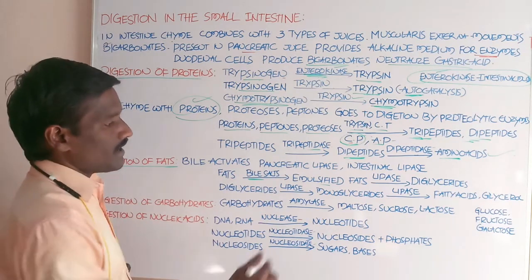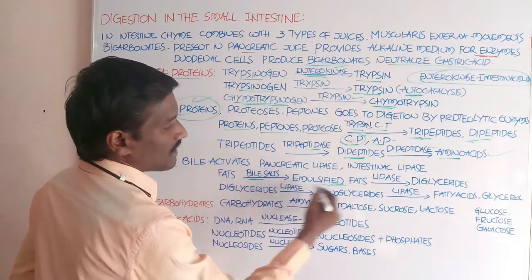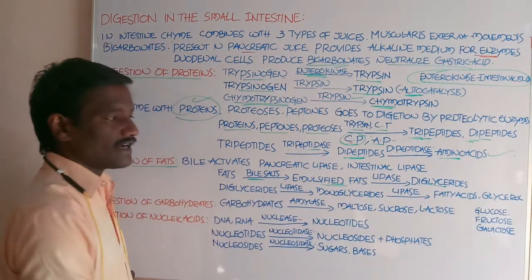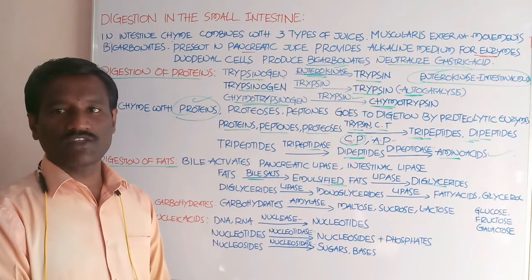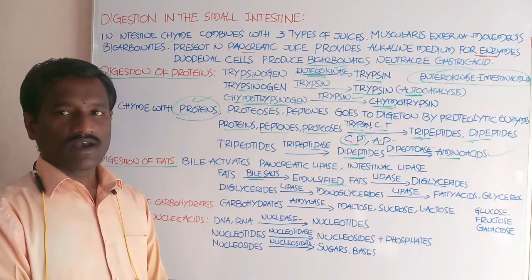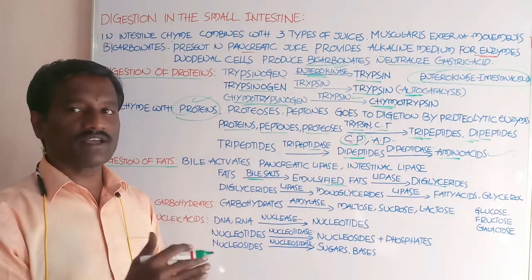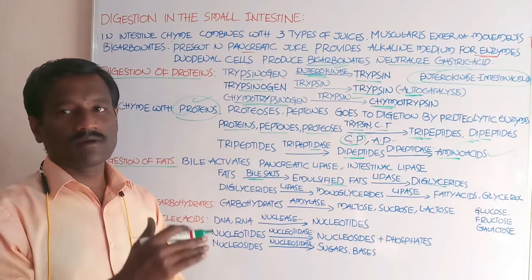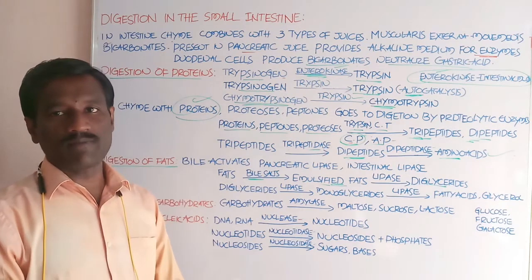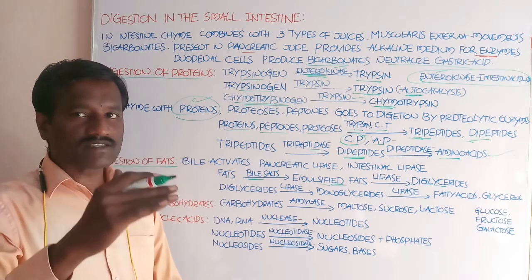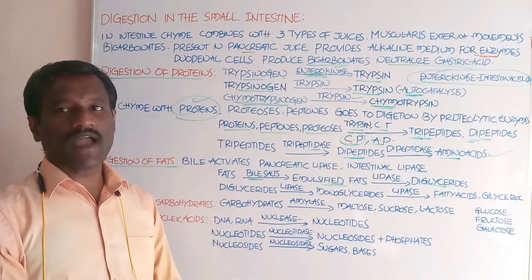Emulsified fats are converted into diglycerides by the action of lipase. Lipase is present in the intestinal juice, and lipase is also present in the pancreatic juice.